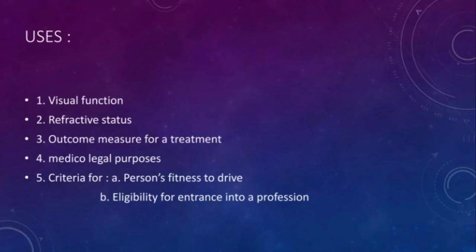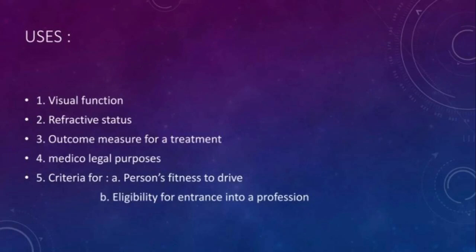Number 5, criteria for a person's fitness to drive. Visual acuity is an important factor in determining a person's fitness to drive. Number 6, eligibility for entrance into a profession.